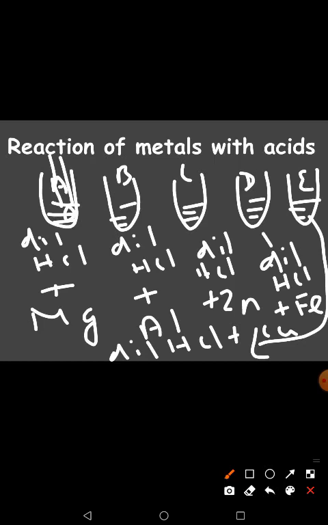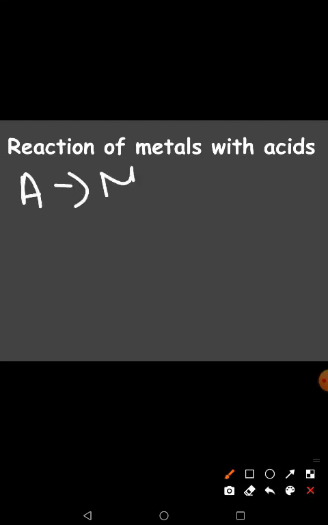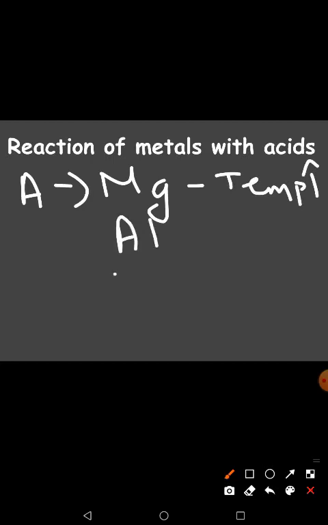When you do this, you will find that test tube A, which contains magnesium, will have the highest bubble formation rate, and the temperature will be recorded highest there, followed by aluminium, and then zinc, and then Fe.